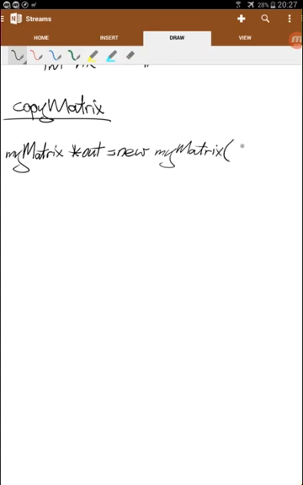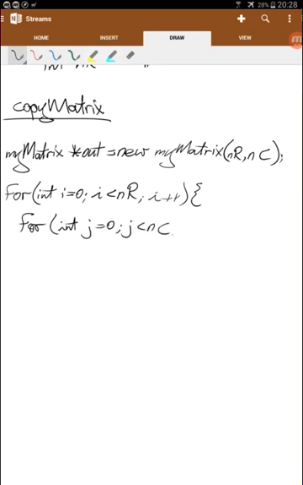We know that the constructor then takes in the number of rows and the number of columns. That will then set up all the memory that we need. Now at this point, we need to copy all the data across from the current matrix into this new one. So we do this by having a for loop. And in that for loop, we then need to set all the values in our out matrix.